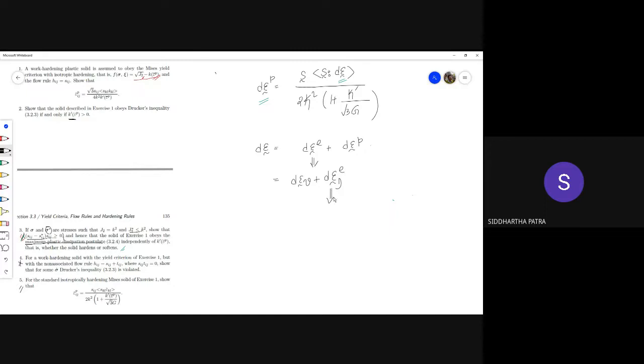Now this quantity right here can be written as 1 by twice mu times ds, and then you have the plastic strain, which can be written as 3 by 2 sigma equivalent d lambda times s.